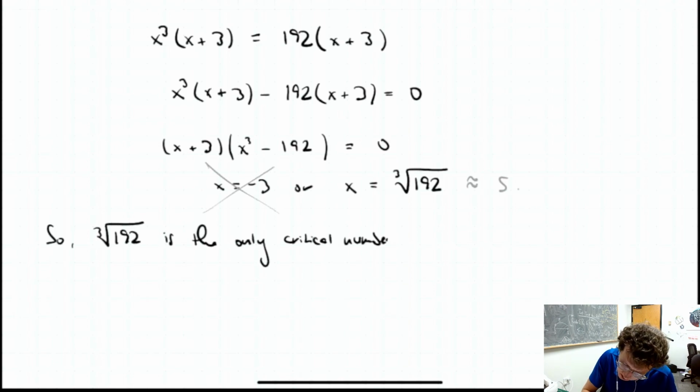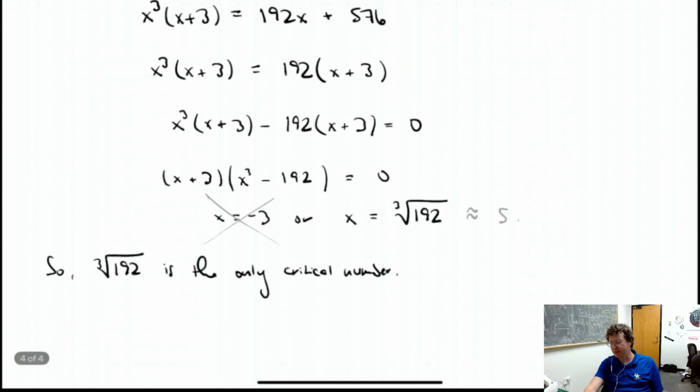But how do we know that this critical number actually gives the absolute minimum? Sometimes critical numbers are maxima instead of minima. Sometimes they're neither maxima nor minima. We want to make sure this one's actually an absolute minimum. It's the only critical number, so if it's a local minimum, it is also the absolute minimum.